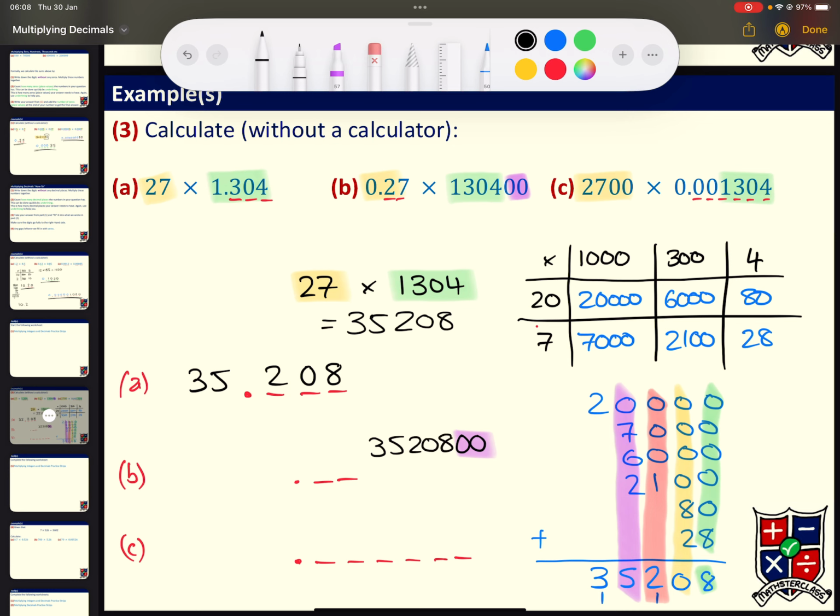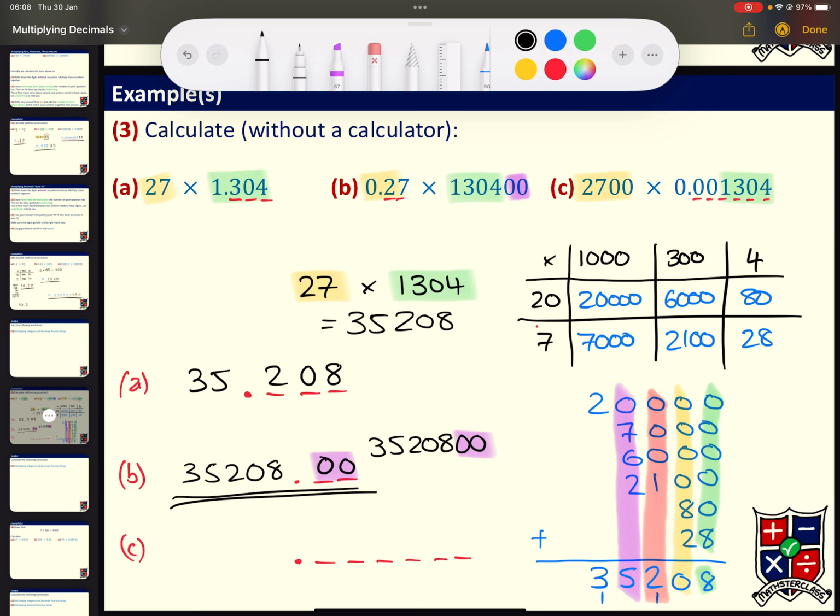Because our answer to a multiplication involving this number is going to be 100 times bigger than the multiplication involving that number. So when we place this into our 2 decimal places there, we're actually going to get 2 zeros here, aligning with the purple bit, followed by 8, 0, 2, 5, and 3, giving us that as our final answer.